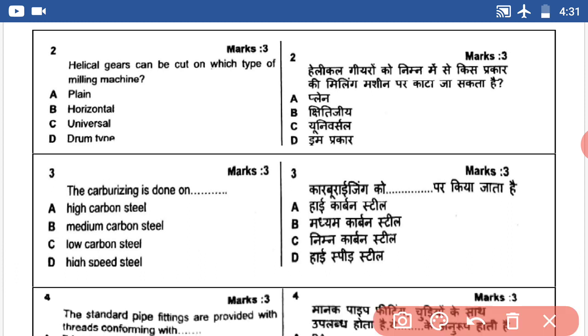Helical gears can be cut on which type of milling machine? This question's answer: universal milling machine. Answer C.